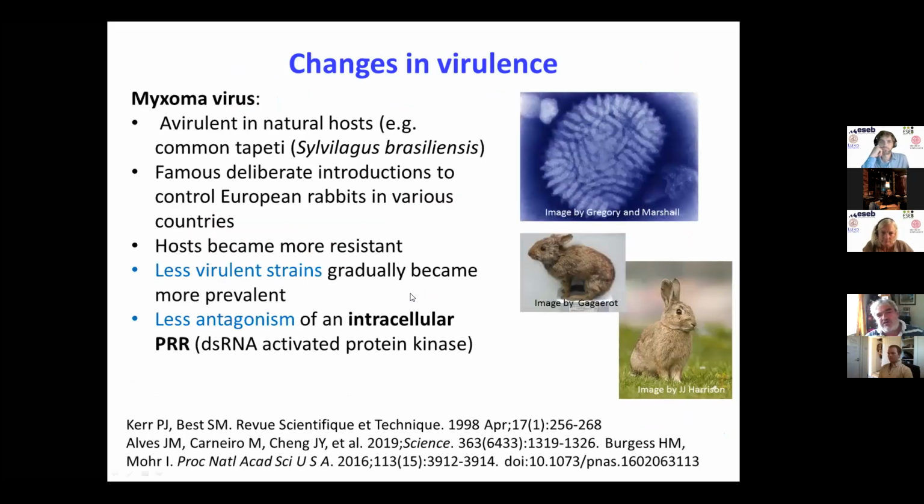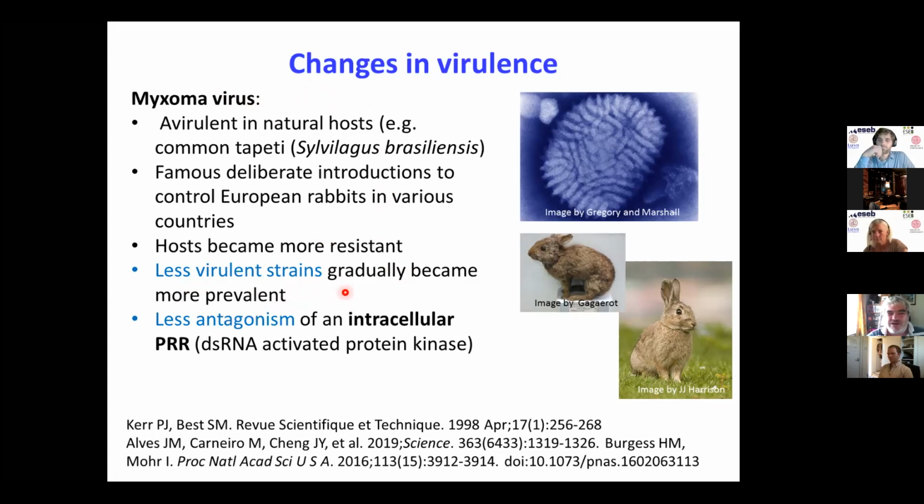And I'm just going to finish off by saying that this interaction with pathogens is not a simple, stable environment, because changes in pathogens and changes in virulence can affect selection pressures. One example here is the myxoma virus, which causes myxomatosis, really very famous. I'm not going to go through this in detail, but at the end of the day, it's not just that the host became more resistant, and that's a polygenic profile, but also that the virus became less virulent, and those less virulent strains gradually became more prevalent because they had more opportunities to transmit.